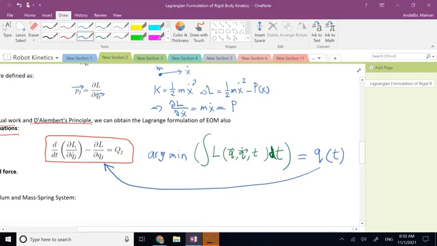Right? So again, if I want to use the variational approach to minimize this integral of the Lagrangian versus time from t1 to t2, where t1 and t2 are the times over which the motion is happening, then for that to happen, I need this set of differential equations to be valid. And this integral here, the integral of the Lagrangian versus time, is called the action integral.